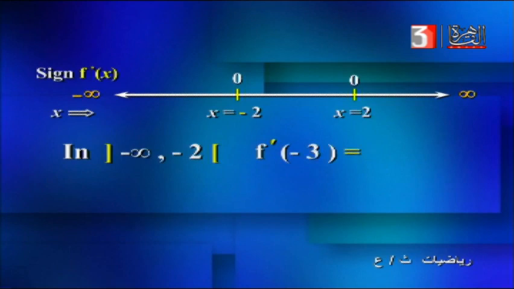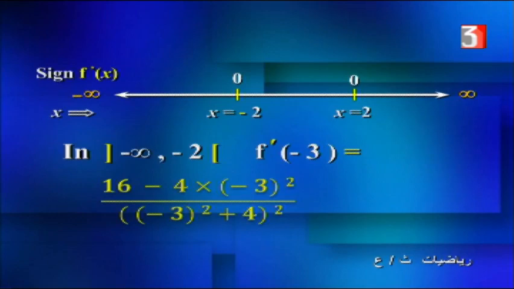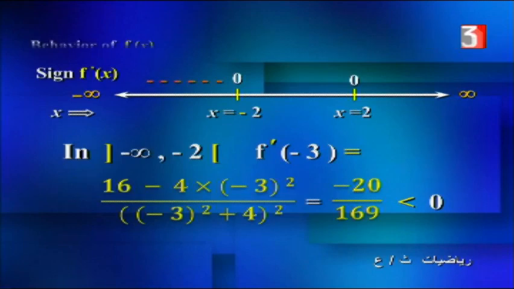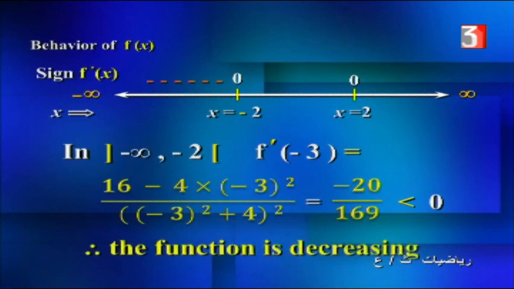Now in the open interval negative infinity to negative 2, f'(negative 3) equals 16 minus 4 times (negative 3) power 2 over ((negative 3) power 2 plus 4) all power 2, which equals negative 20 over 169. This value is smaller than 0, or f'(x) is negative in this interval, then the function f(x) is decreasing in this interval.